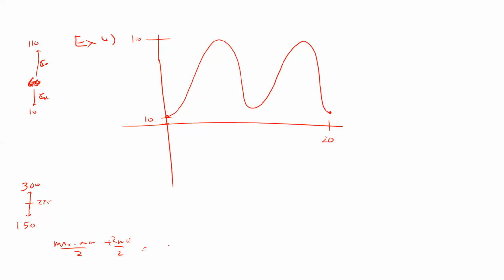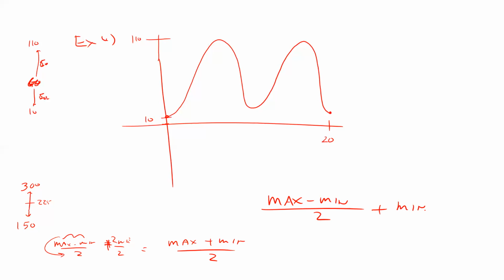Added together. That is interesting, Georgia, because what happens is if you do it Georgia's way, so max minus min, right? Then divide by 2. Then you add another min on top of that. So maximum minus minimum, that's what Georgia did. Divide by 2. And then she added the minimum back in, right?